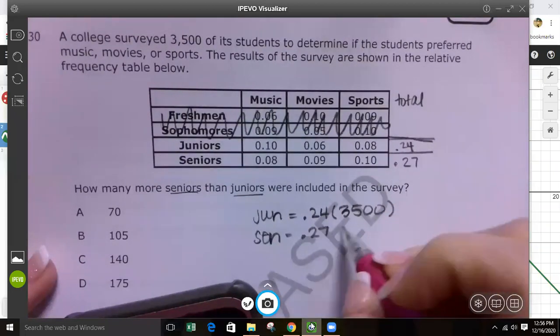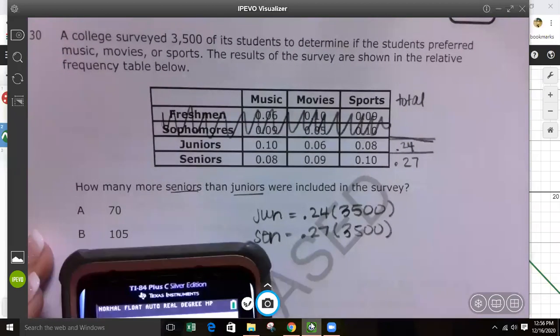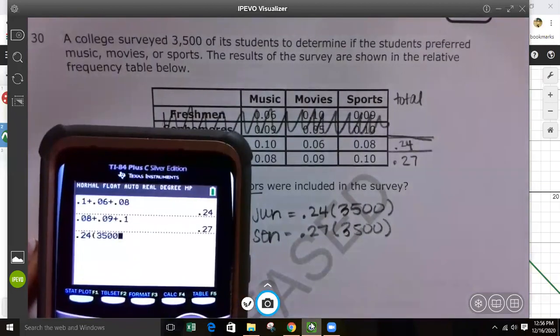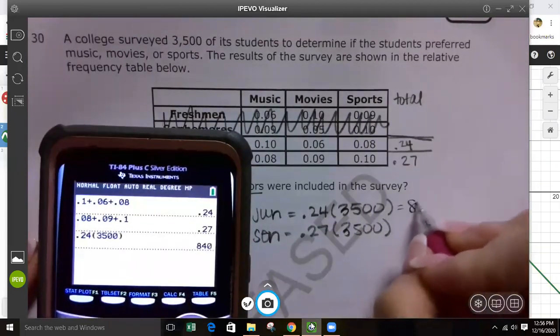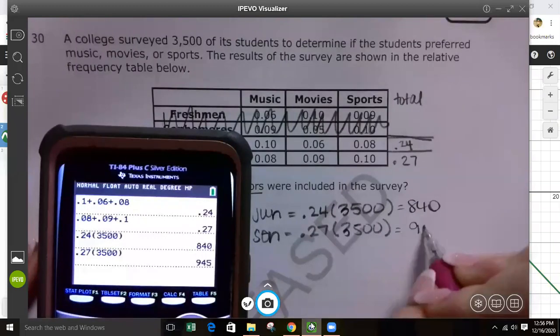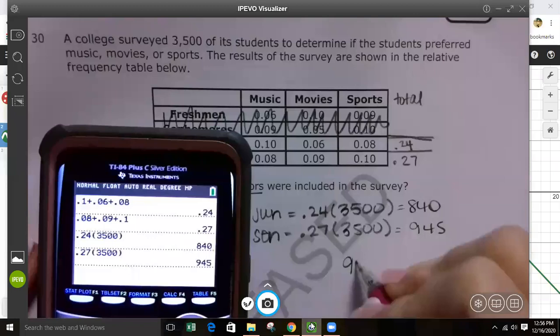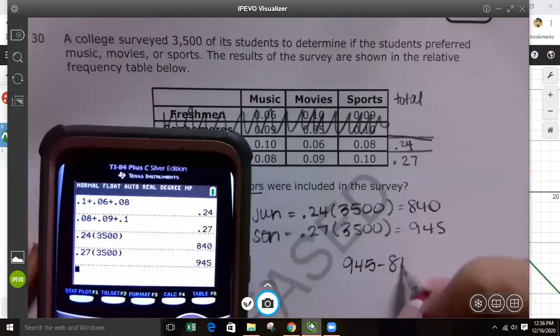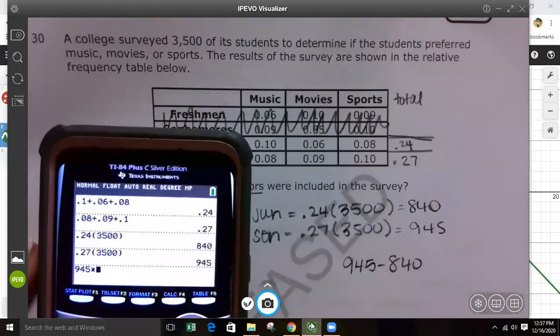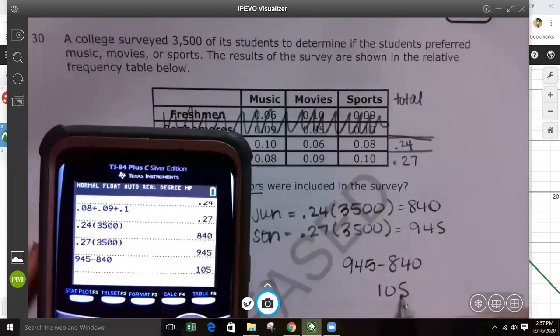Seniors is 0.27 times 3,500. So 0.24 times 3,500 is 840. 0.27 times 3,500 is 945. It wants to know how many more. That means we subtract. And we get 105.